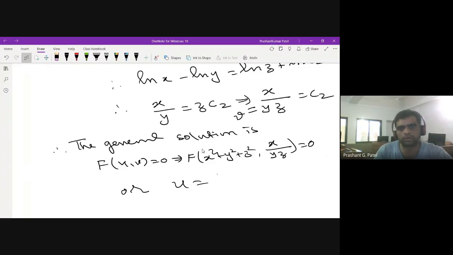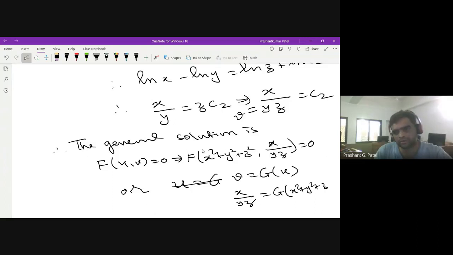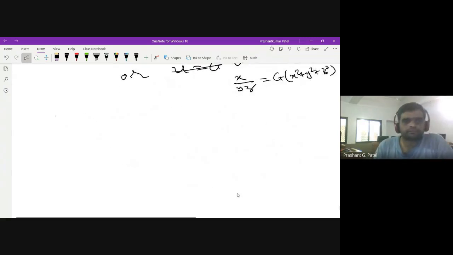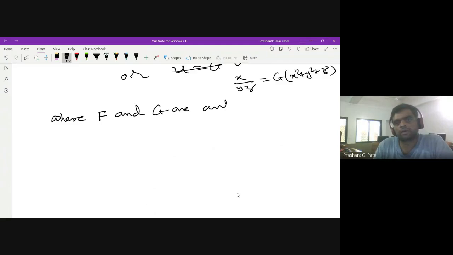Or you can write v equal to g of u, that is x upon yz equal to g of (x square plus y square plus z square). Any one of them you can write as a solution, where f and g are arbitrary differentiable functions.